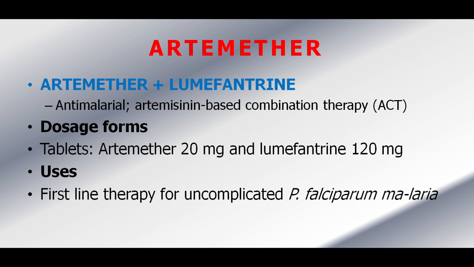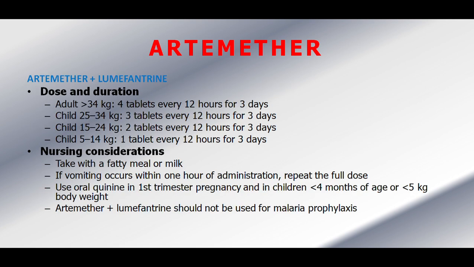The dosage form that we have is tablets that contain artemether 20 mg and then lumefantrine 120 mg. Its uses: number 1, it's first line therapy for uncomplicated P. falciparum malaria. What is the dose and duration?